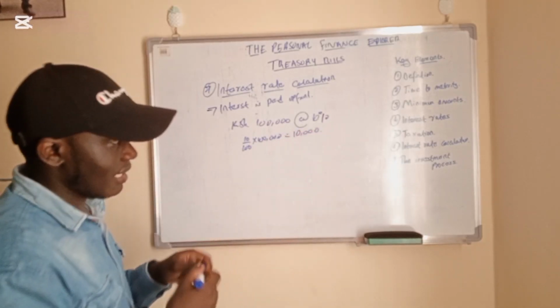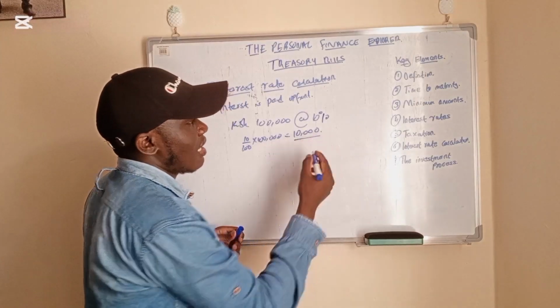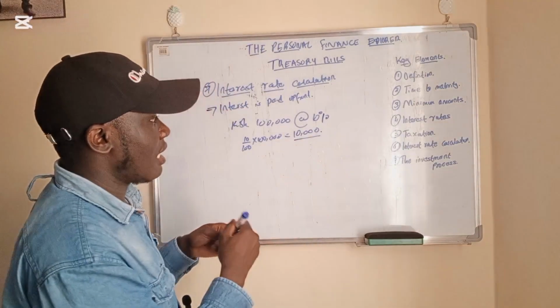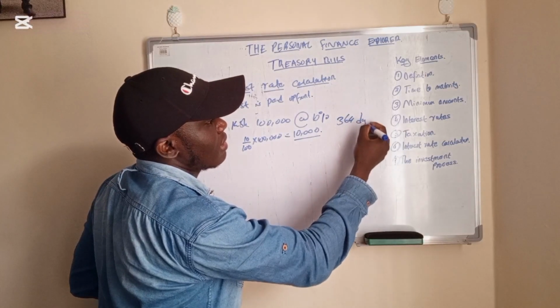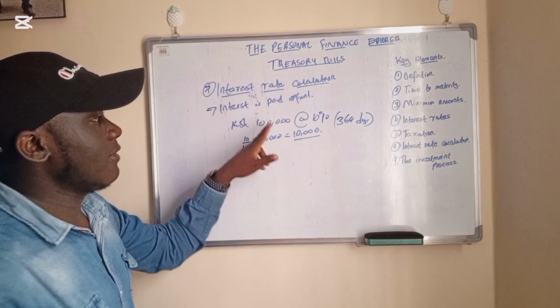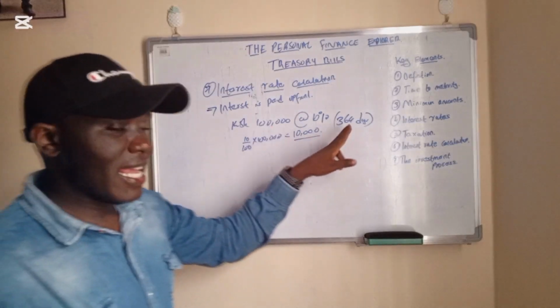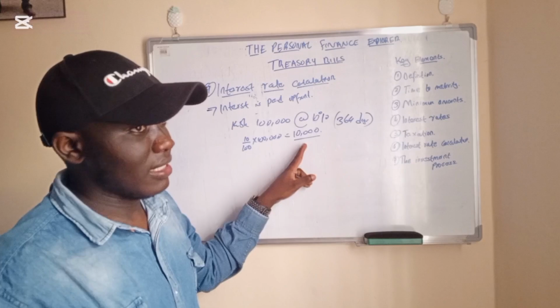So my interest is 10,000. Let's say it is a 364 days treasury bill. So it means that if I invest 100,000, the interest that I earn in the 364 days is 10,000.